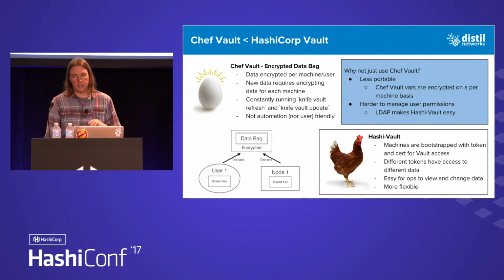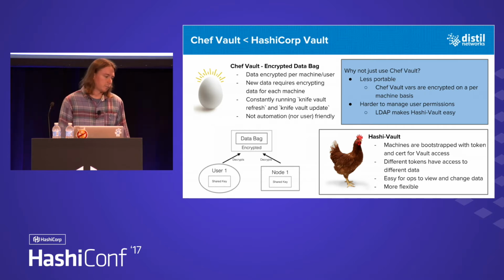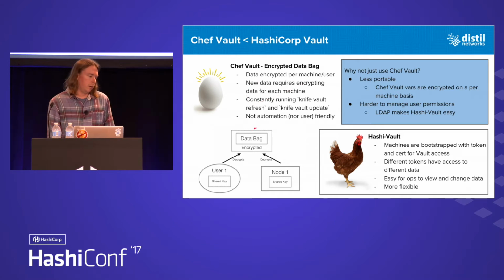This is a problem for secrets that may change or for secrets that need to be spread out across a lot of machines. Because what I ended up doing was every time we added a new machine, I had to rerun a knife refresh or a knife update to update the secrets. It's driving me crazy. So by taking this piece out, it became a lot more automation and user-friendly.